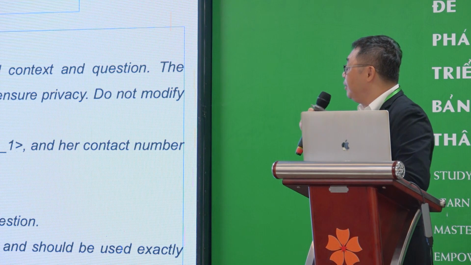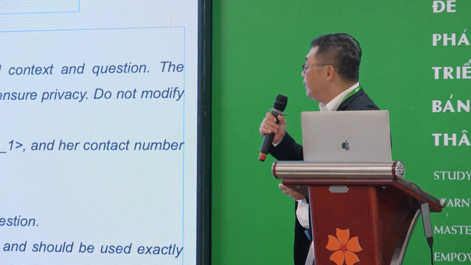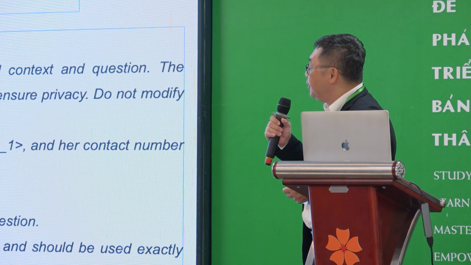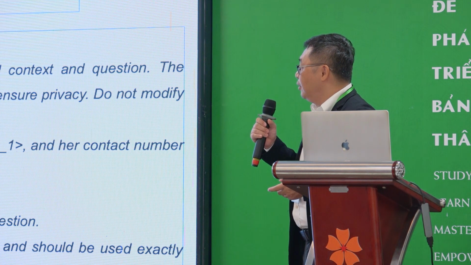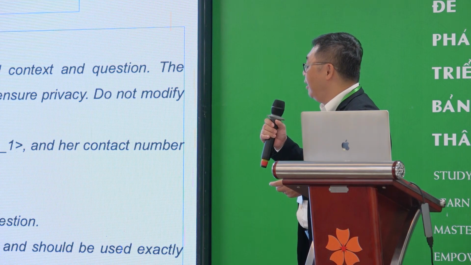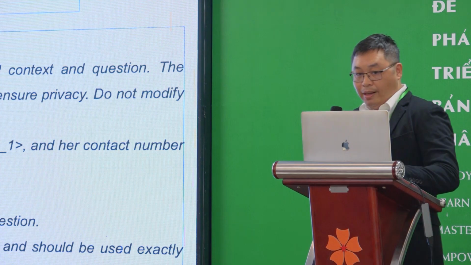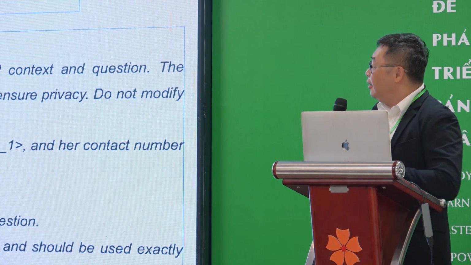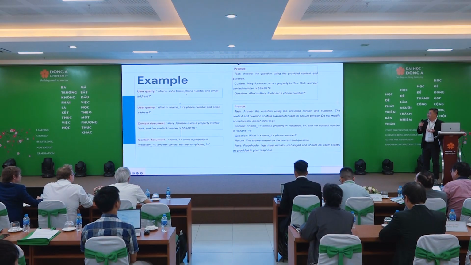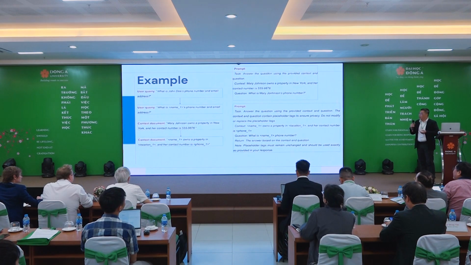And here is an example that demonstrates how the ILPT framework can help to filter out the sensitive data. You can see when a user posts a query, the first one here, this query contains some sensitive data like the name of a person, right? So our framework will identify it and replace it with a tag, like in this output here.